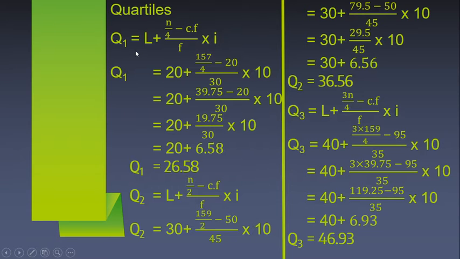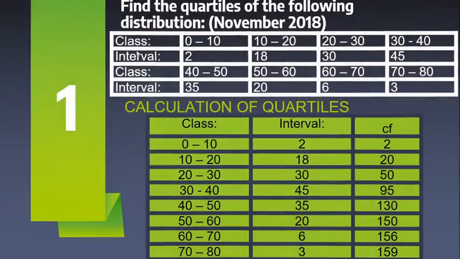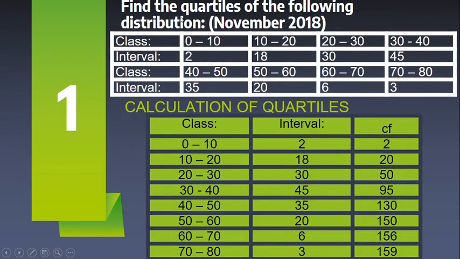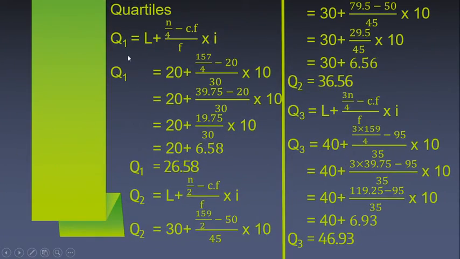Our formula for the quartiles. The question goes as find the quartiles, which means we are going to find Q1, Q2 and Q3. While finding the 3 quartiles, this is how our formula goes.